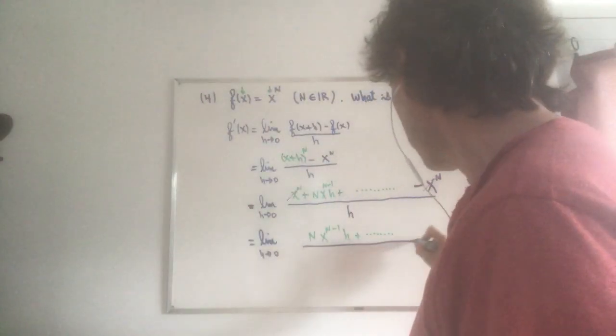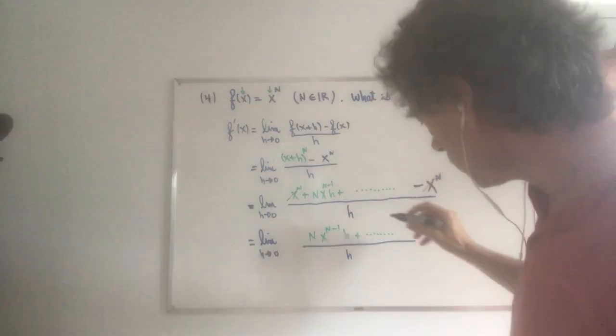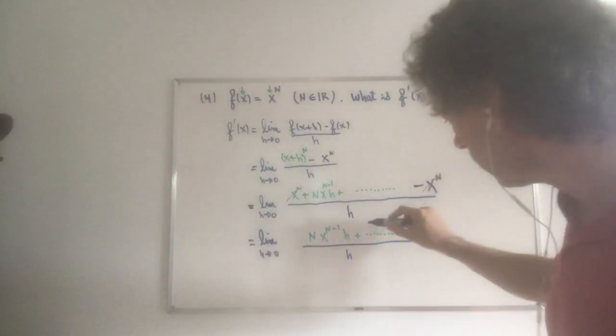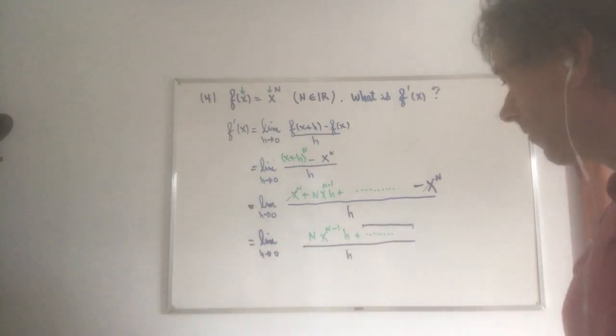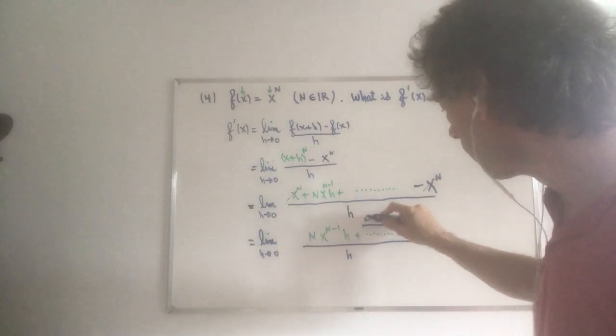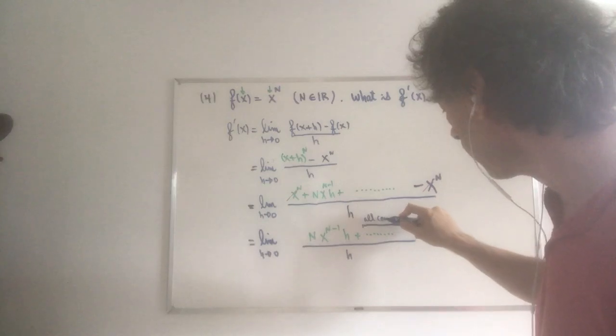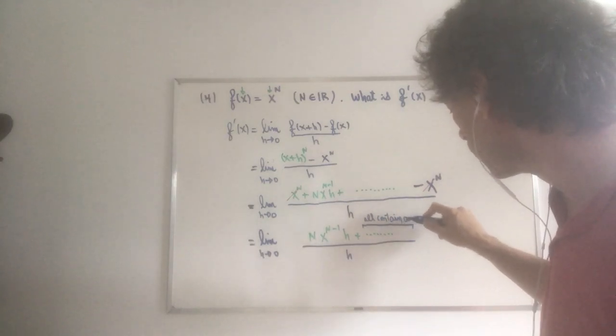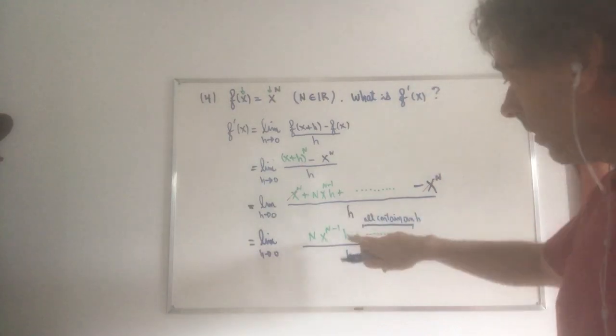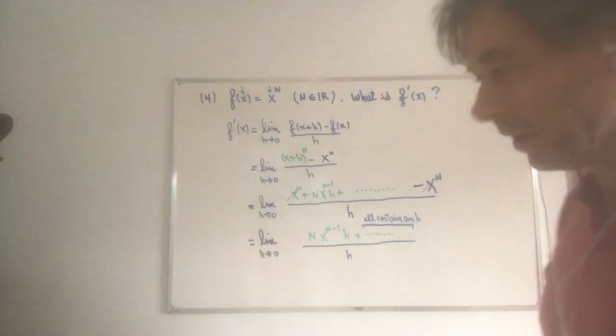Now, what I'm not actually telling you here is that all of these remaining terms, all the way down to the very end, contain an h. Here's the lowdown if you really want to know.